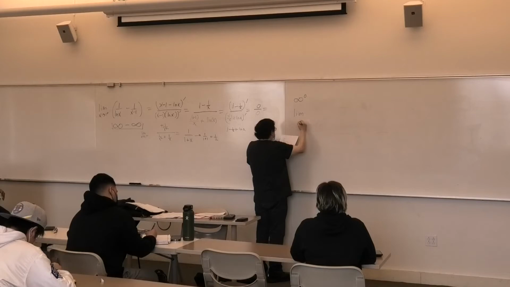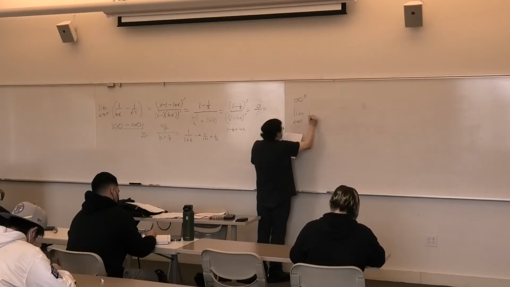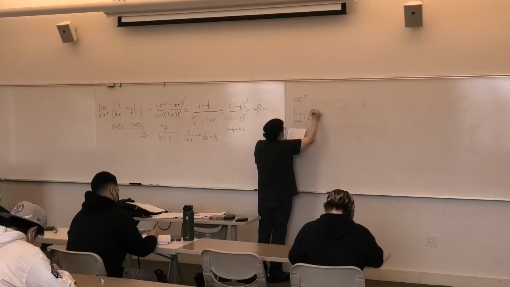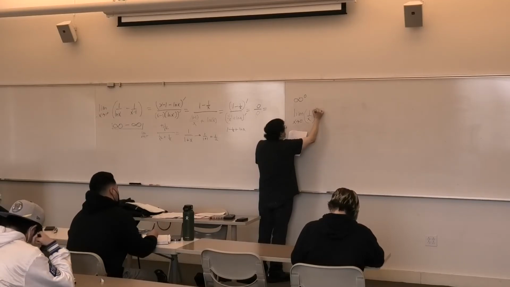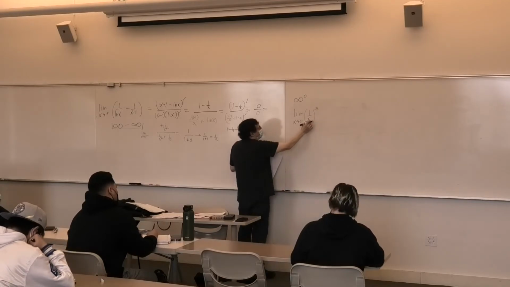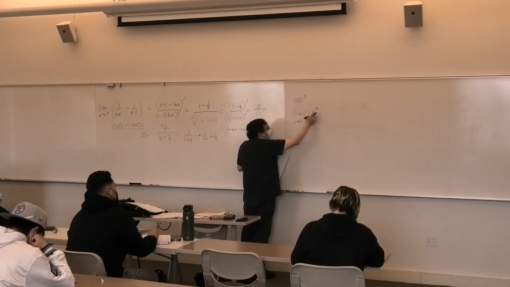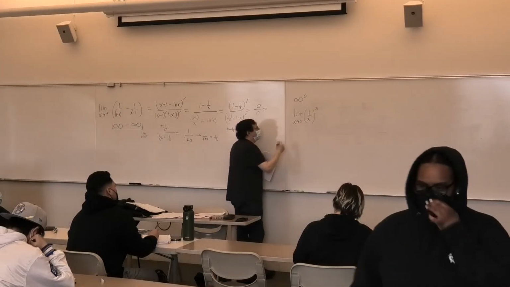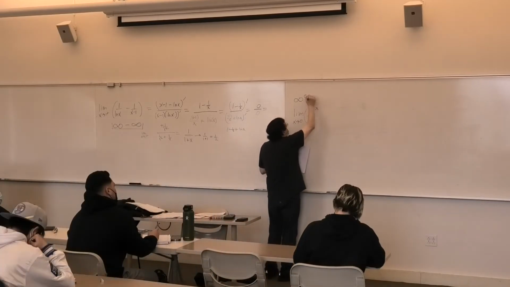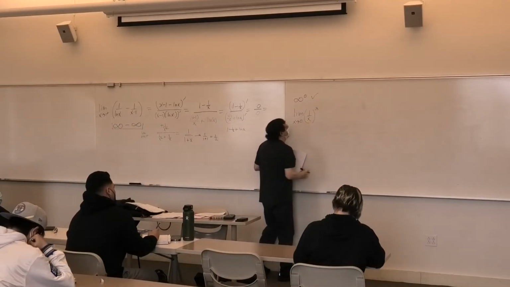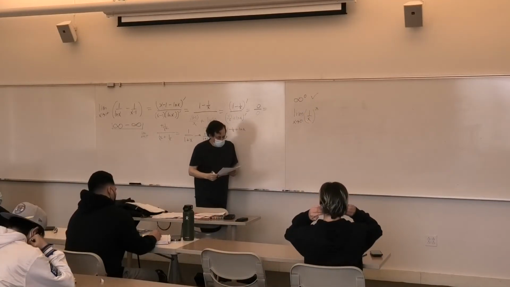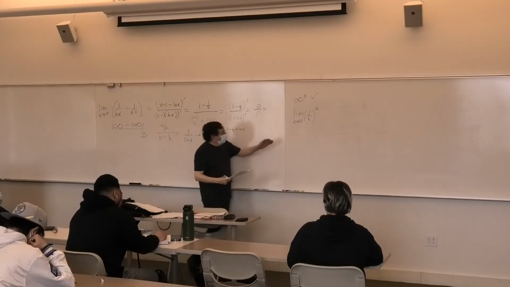So here we have the limit as x approaches 0 of 1 over x to the x. This is going to infinity, this is going to 0. So this is this indeterminate form, so we will be able to use L'Hopital's rule.